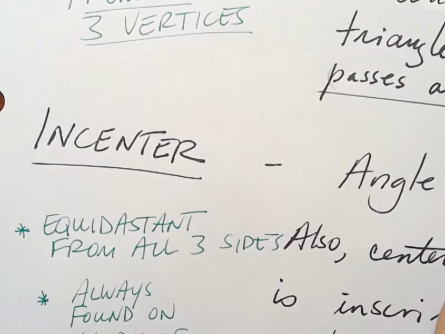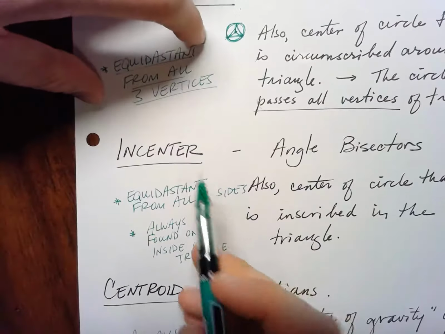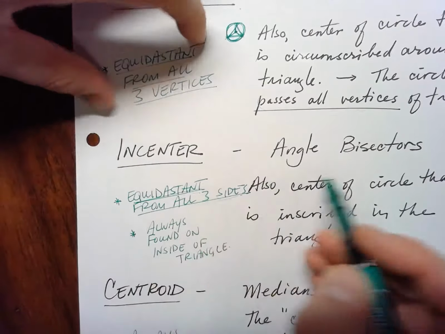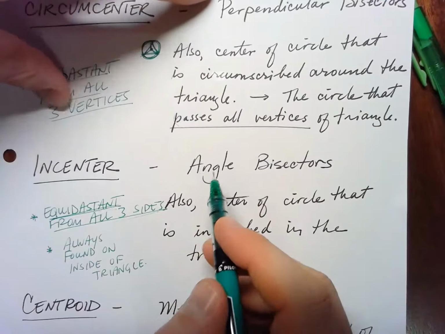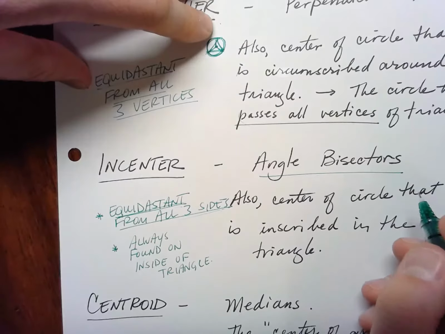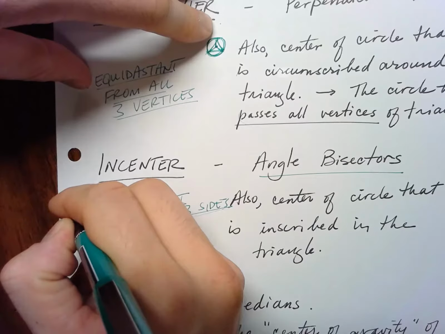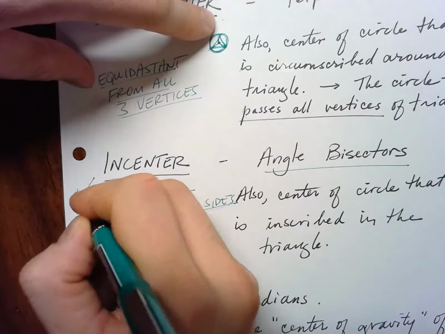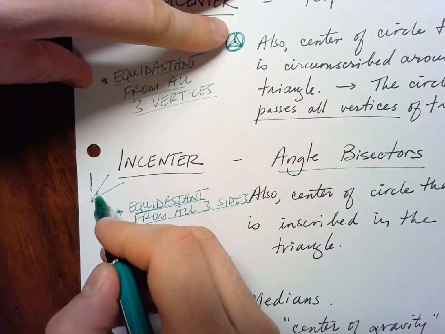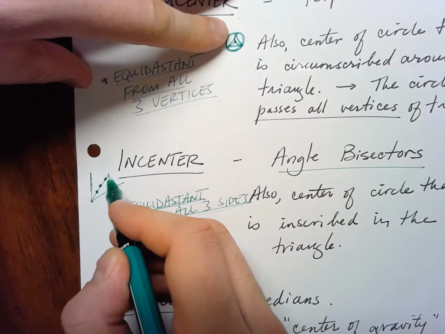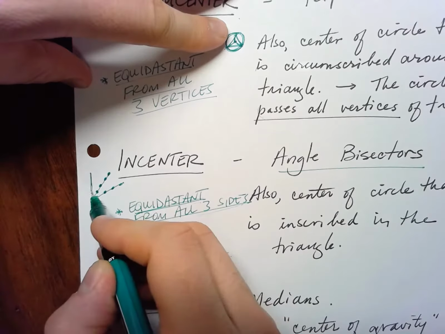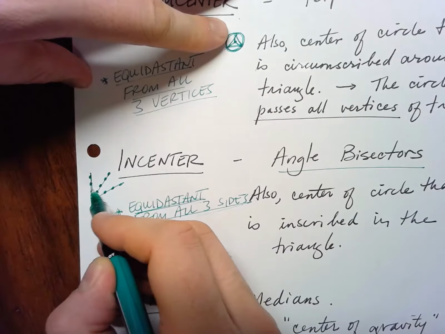Next up is the incenter. The incenter is equidistant from all three sides, okay? Because we are constructing angle bisectors for this one. Angle bisectors are always equidistant, so if you have an angle and you bisect it, each of these points along here is equidistant from the points along here and the points along here, because I've bisected it, right?